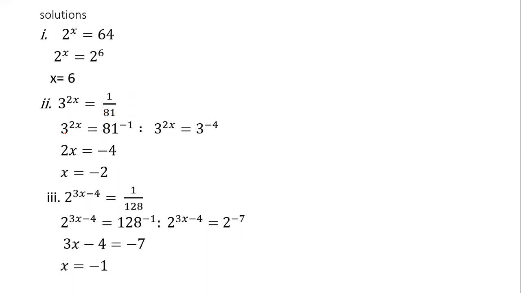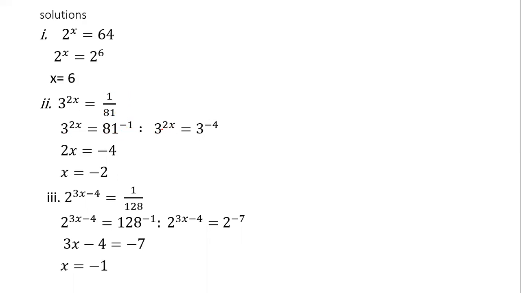So we have 3 here, but you can also get 3 here. So 81 is the same as 3 raised to the power 4. So 3 raised to the power 4 times minus 1 becomes 3 raised to the power negative 4.